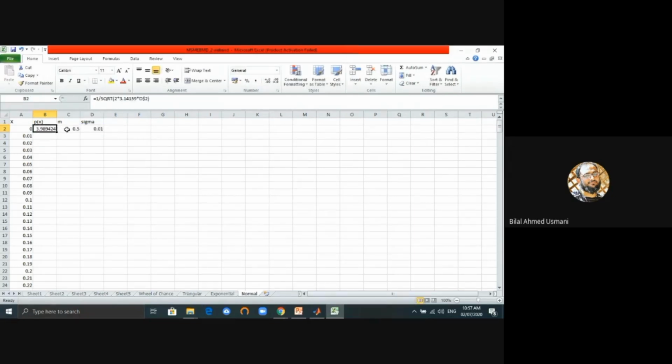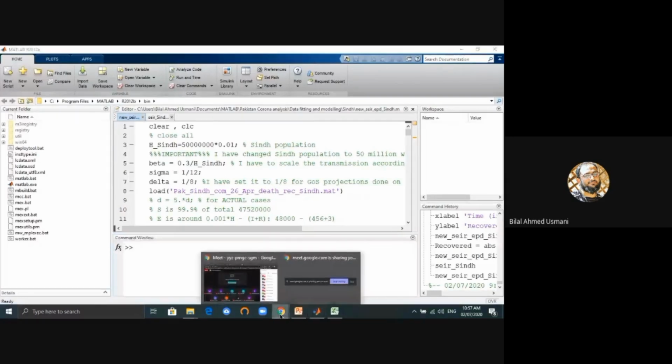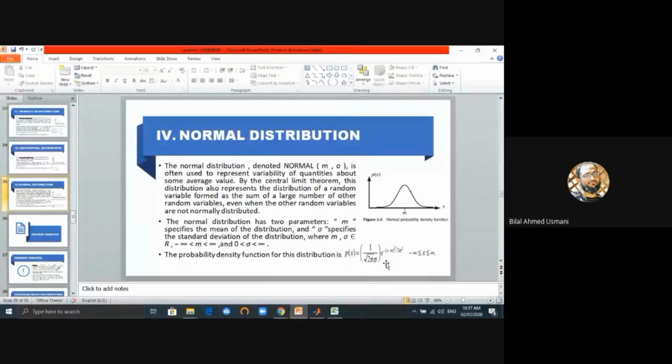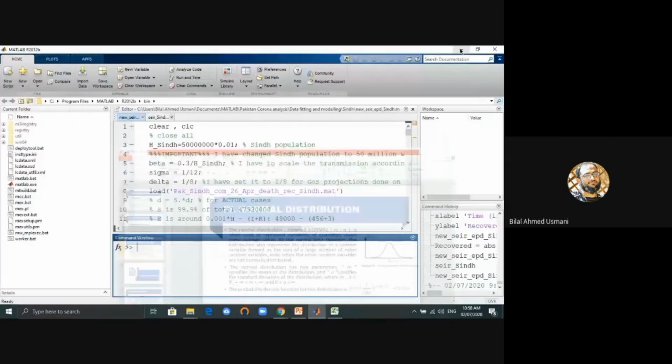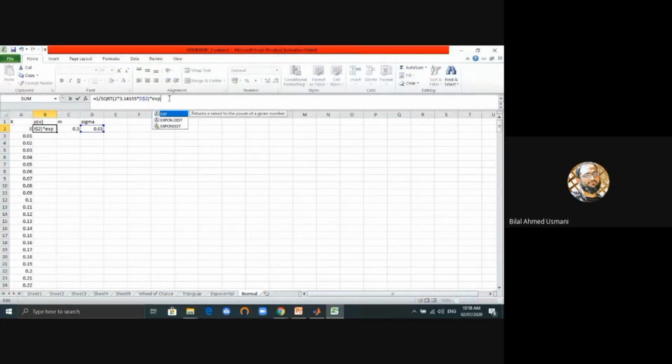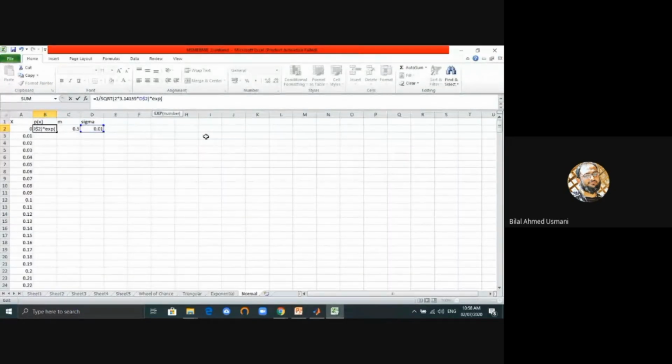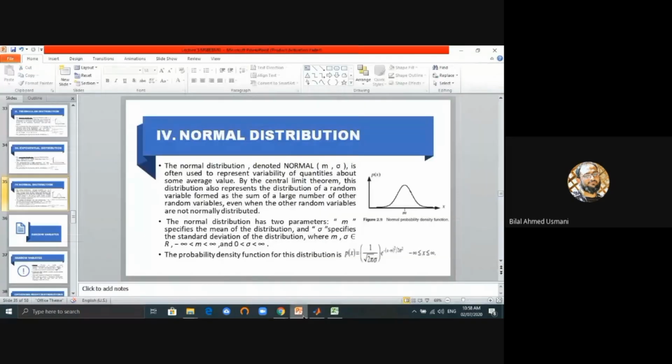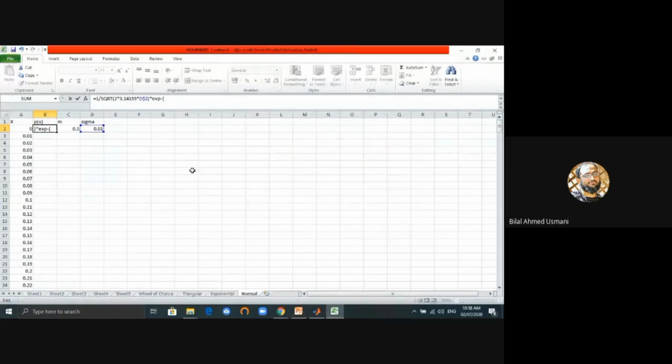And it is being multiplied by a factor e to the power minus x minus m, whole square, divided by 2 sigma square. So it should be multiplied by exponential, negative exponential of x minus m square divided by 2 sigma square.